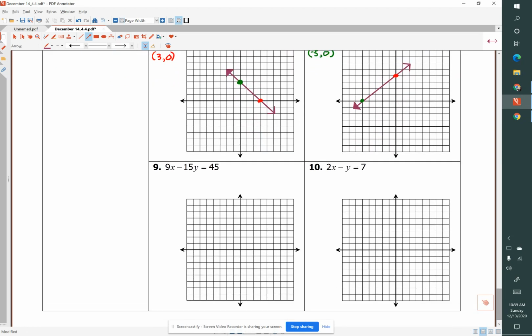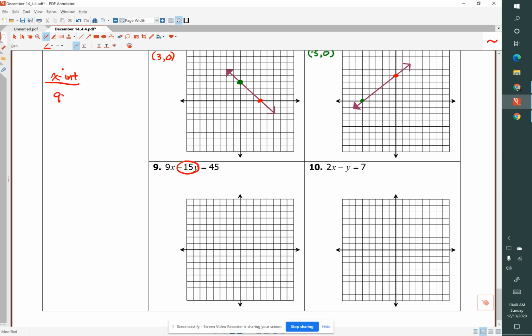So try these next two on your own before you come back to the video. Pause the video and try them on your own. You can do this. Okay, let's work on the x-intercept for number 9. 9x minus 15y equals 45. So the x-intercept, if I set y to 0, then all of this goes away.